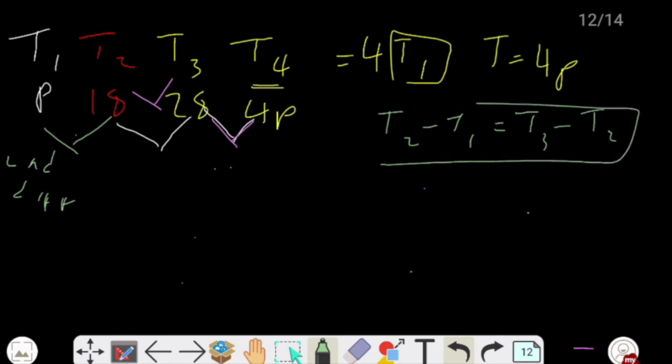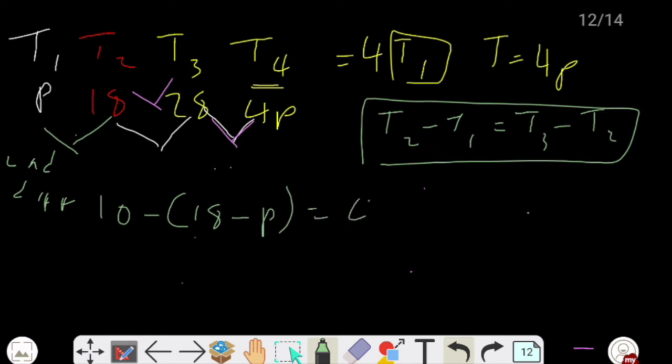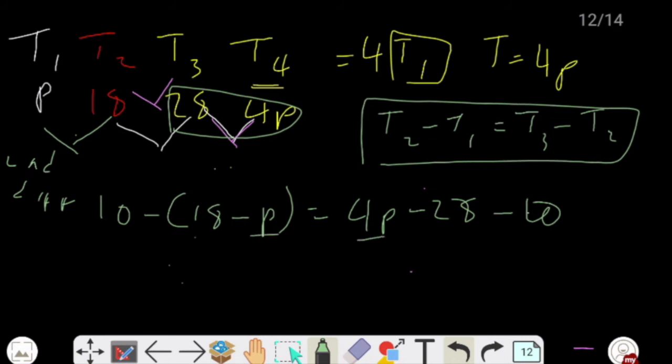Now from this we can say 10 minus 18 close bracket minus P equals 4P, which is this, minus 4P minus 28 minus 10. From here we can just simply calculate our P.